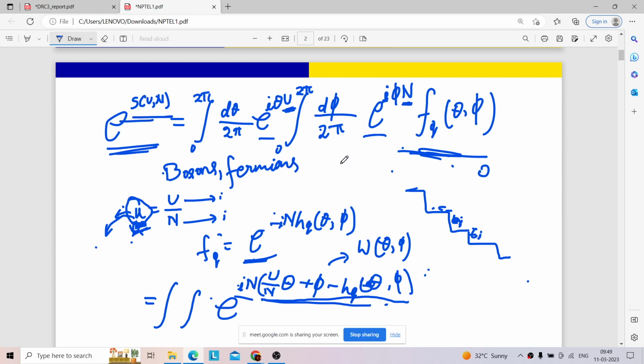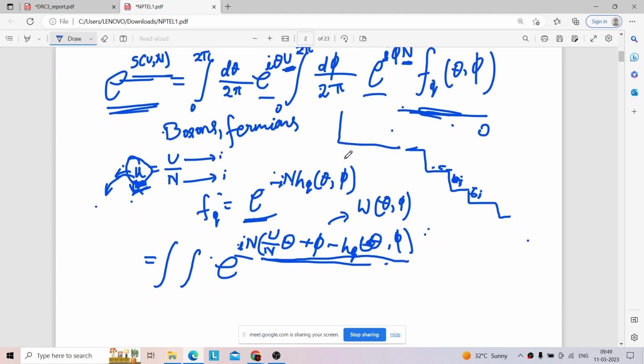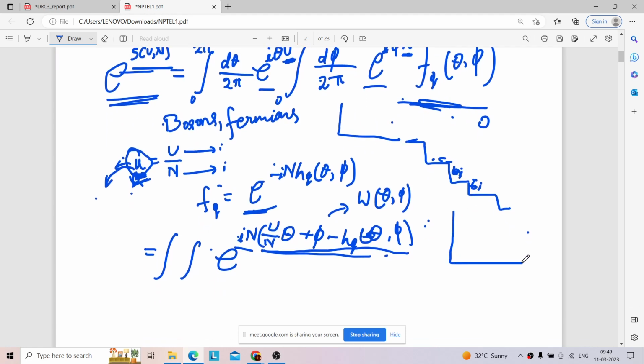Just imagine there is a space with theta and phi variables, and then this is entropy. As I vary theta and phi, my entropy will change, some function, it will change.